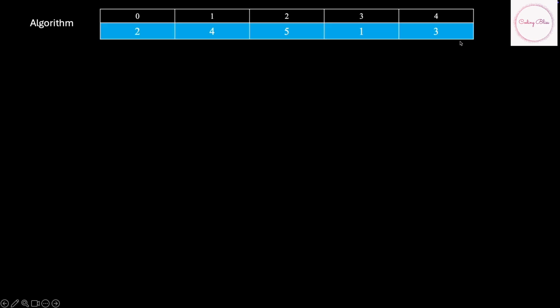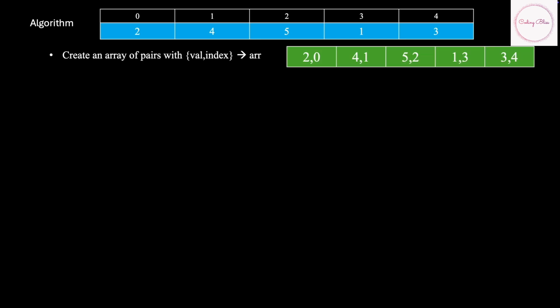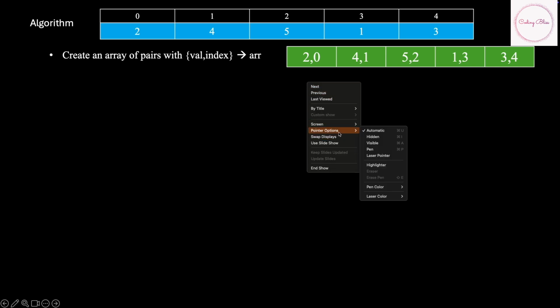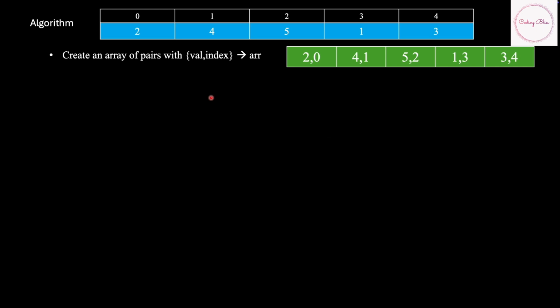Now let's take the above example, which was slightly complicated, and see how to come up with an algorithm for this. There are multiple ways. I'm going to go with the approach where we use an array. Let's create an array of pairs with the value and its current index in our given array.